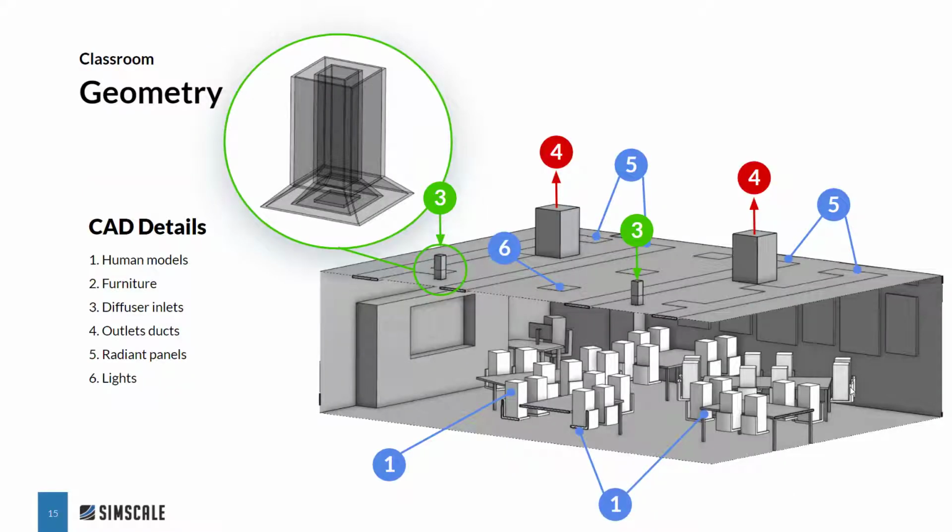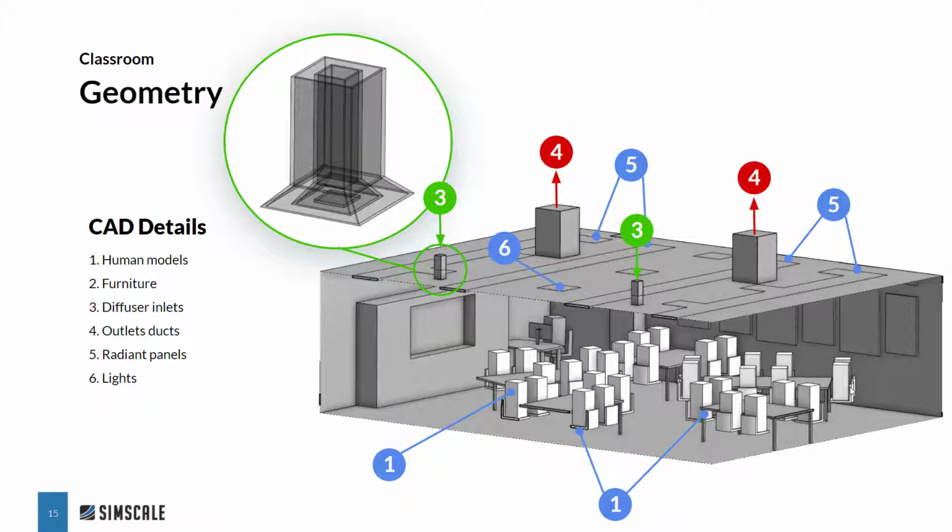Once the problem is defined, the starting point of a simulation is to import the 3D model, which is the CAD geometry we will be using for the simulation. To start a simulation within SimScale, we would need to import the 3D model. This can be designed with any of the CAD tools that you use in your current workflow.